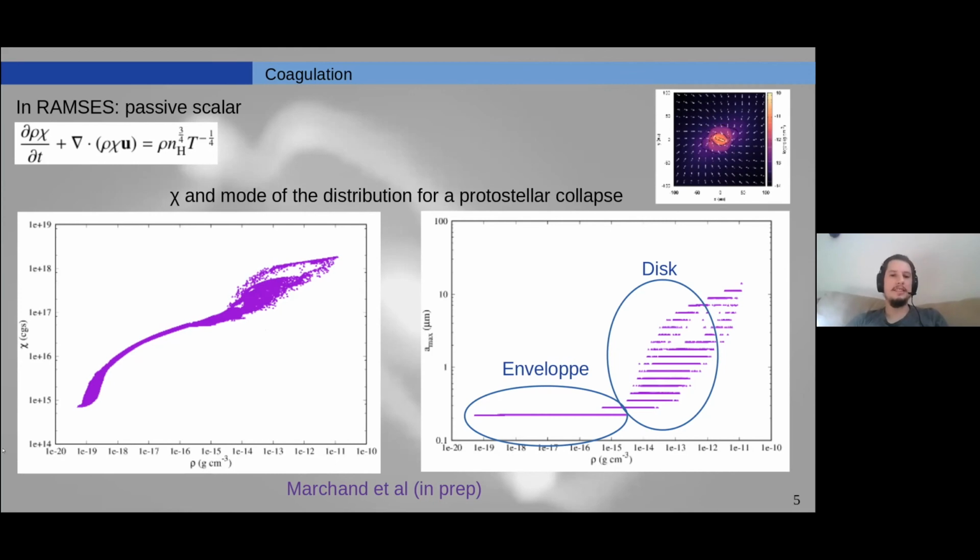And actually, yes, it's the case here. You may notice that the top of the distribution is fairly flat because of this threshold that I derived, a power law function of density, and so I limit the chi like this, which limits the growth of grain.